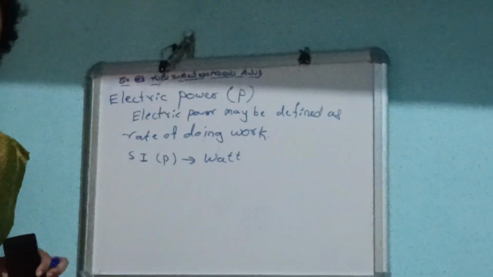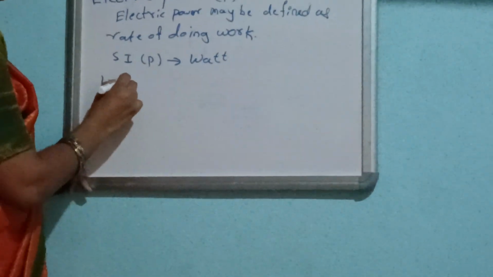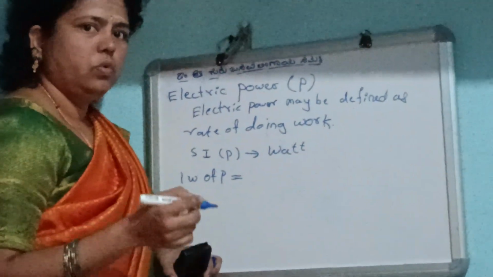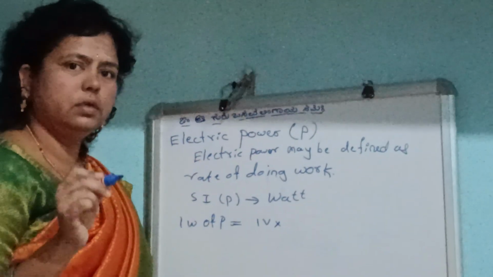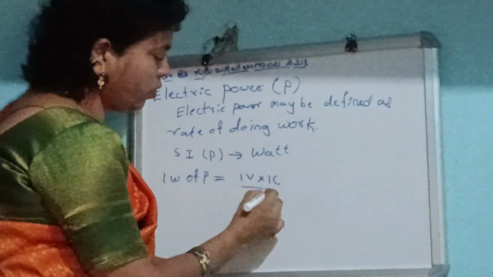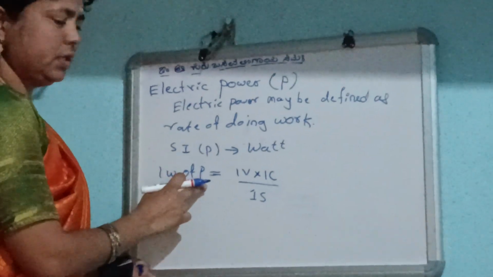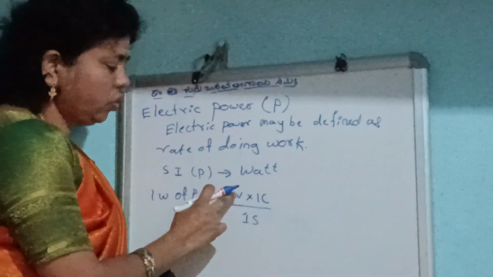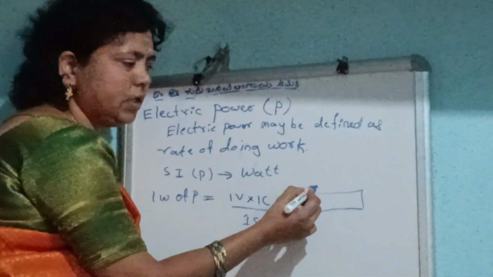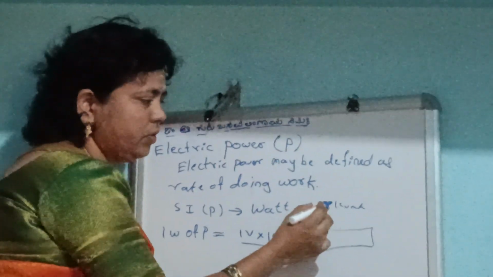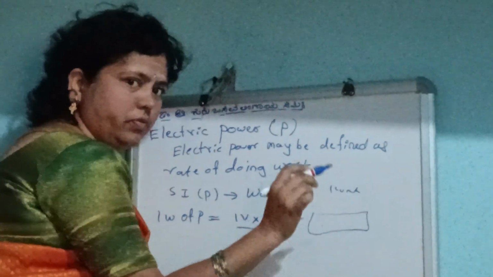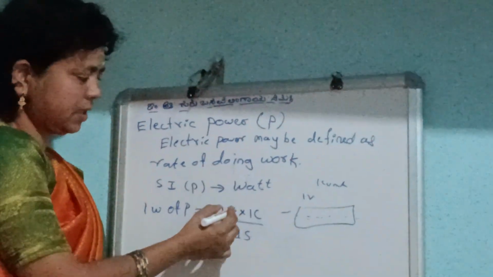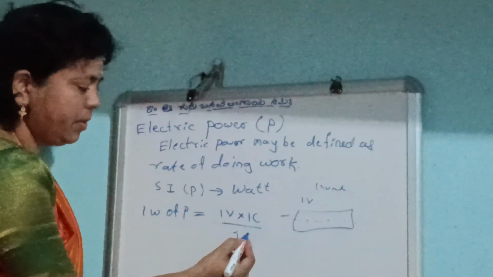Okay. 1 watt of power is equal to the work done in 1 second by a voltage of 1 volt moving 1 coulomb of charge in 1 second, that is, 1 volt into 1 coulomb divided by 1 second.